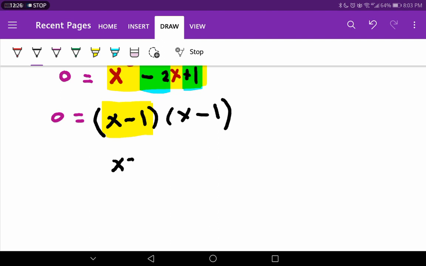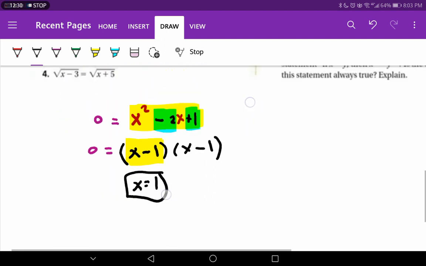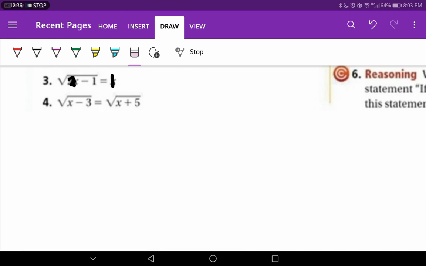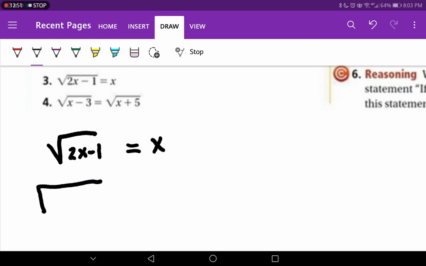We stop here. Now how do I make sure if this is correct or not? I go back to the original equation, which is the radical of 2x minus 1 equals x. So I replace the 1 instead of x, so it will be the radical of 2 multiplied by 1 minus 1.